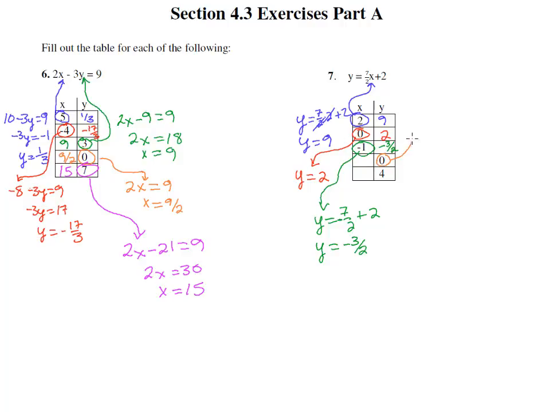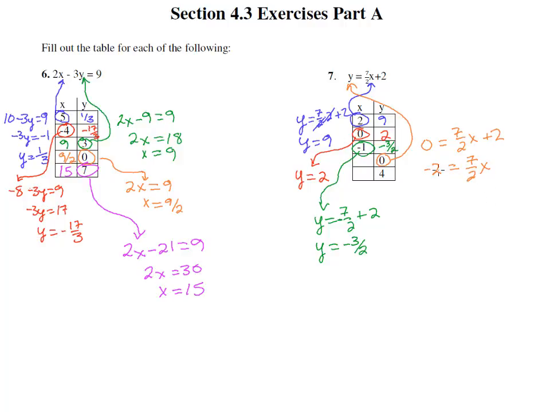And now we have a couple of numbers that we're going to stick in for y. So let's take this guy, we're going to stick it right up in there for y. It's a little bit harder when y is by itself and we stick a 0 in for it. 0 equals 7/2 x plus 2. So subtract 2 from both sides to try to get the x by itself. So subtract 2, that's minus 2 over there, 7 over 2x.